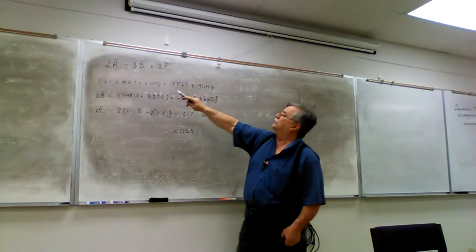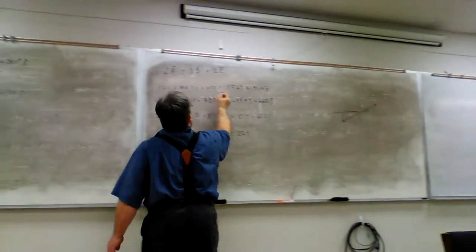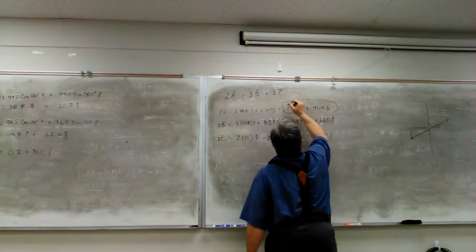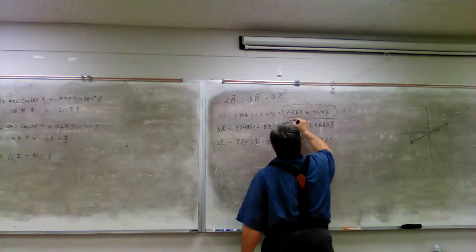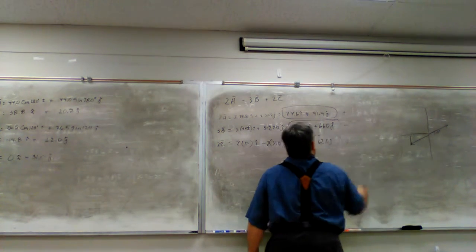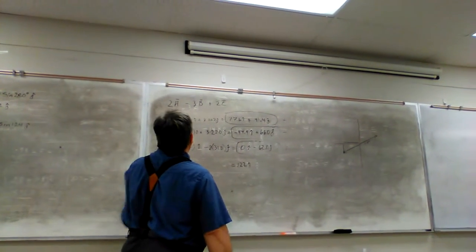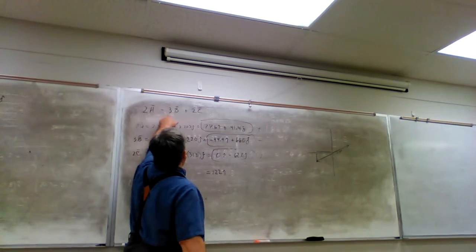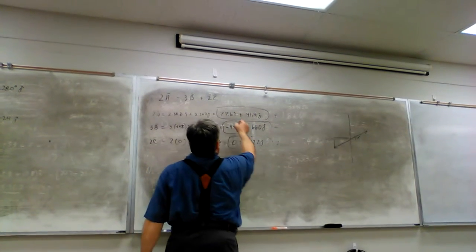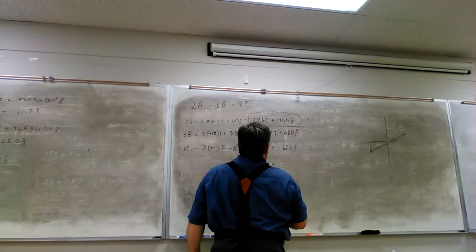It's this 2A vector here. I'm taking this minus this plus this. See, this is what we're doing. 2A minus 3B plus 2C. We're subtracting a negative from a positive.